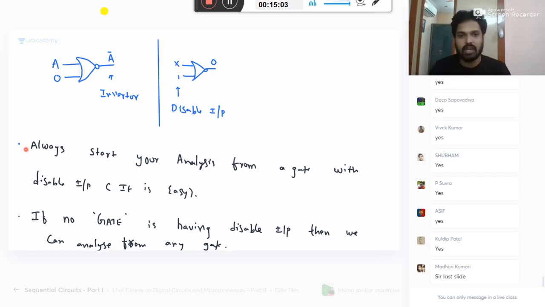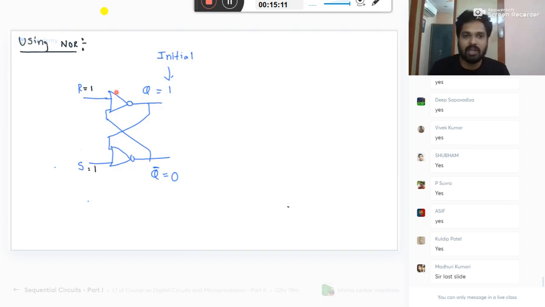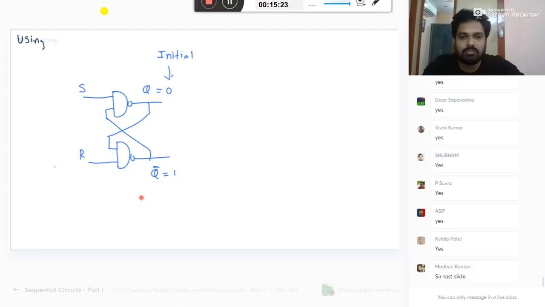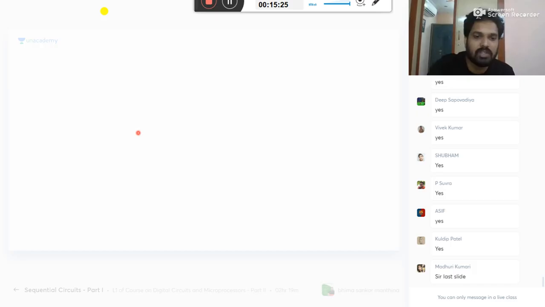Always start your analysis from a gate with disable input. Is it clear? For a NOR gate, what is the disable input? 1. I am taking all cases now, S equal to 1 1, S equal to 0 0, everything. I want to find the truth table of this SR latch. That is my intention. Okay, so please listen.